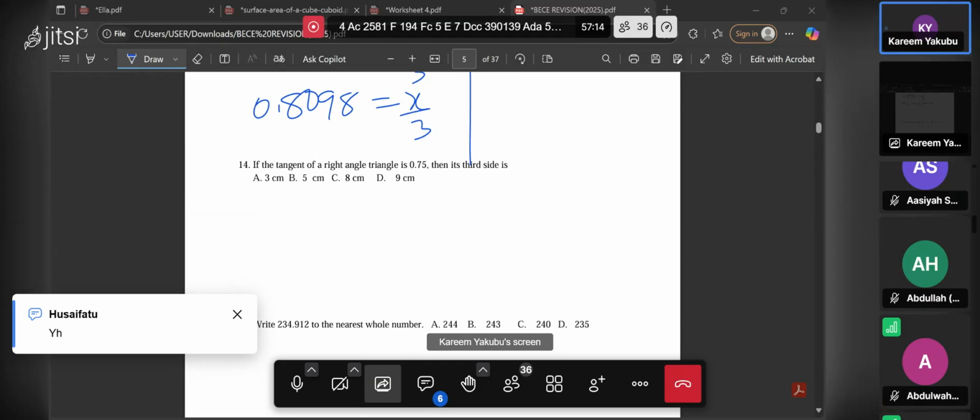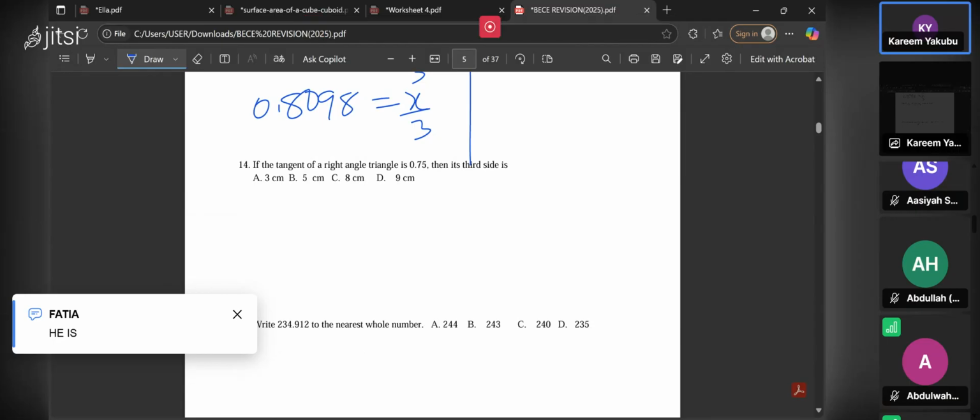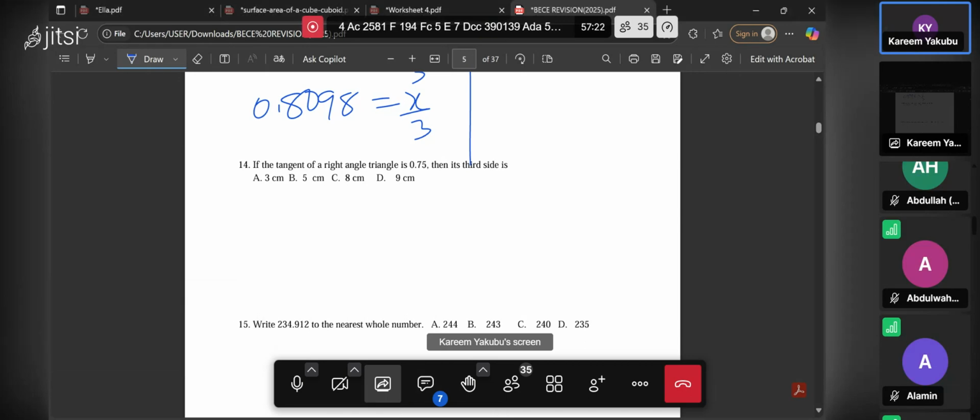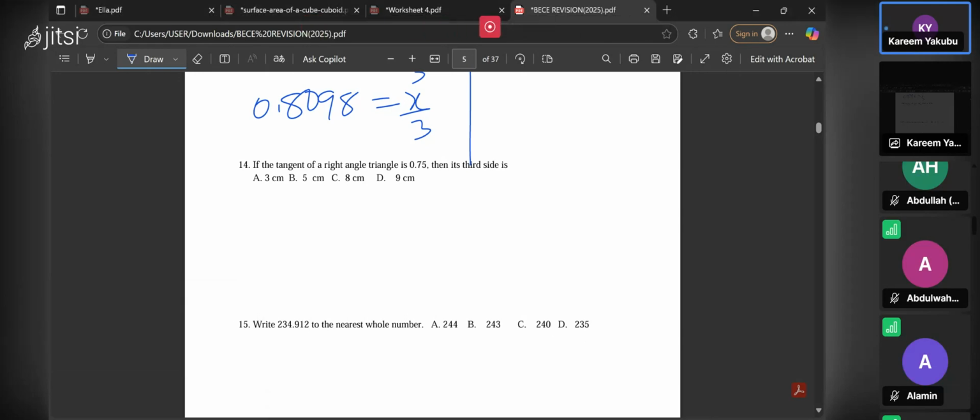Let's move on. Let's go to question 14. If the tangent of a right angle triangle is 0.75, then its third side is... So what that means, they are saying it in words.